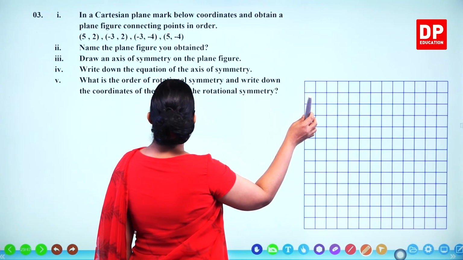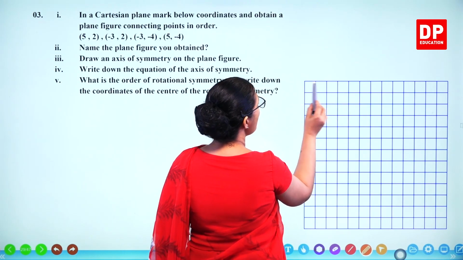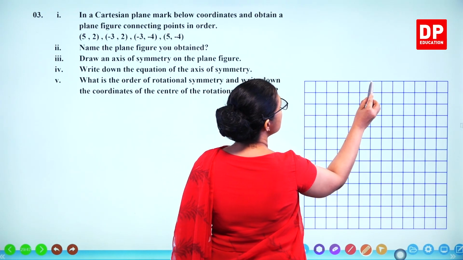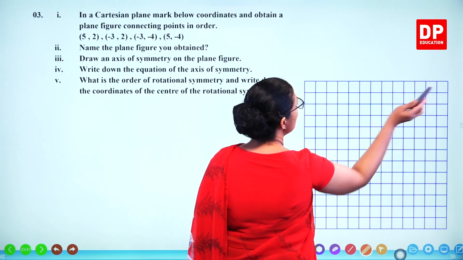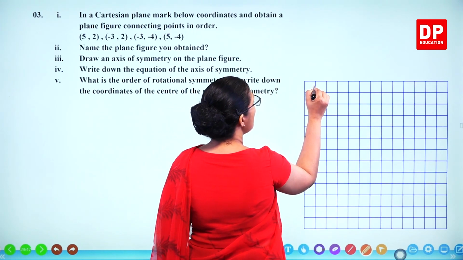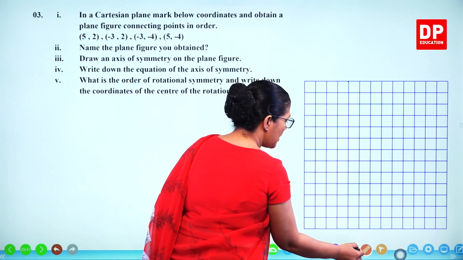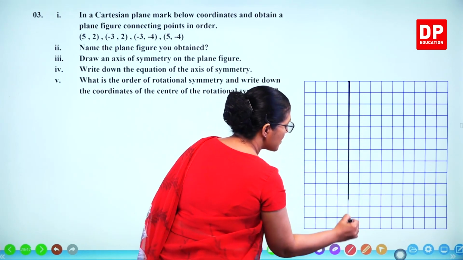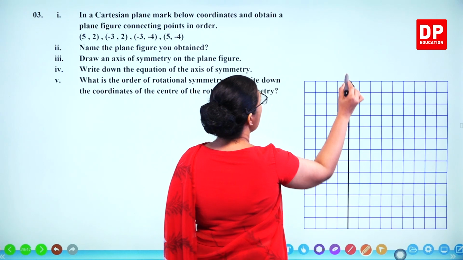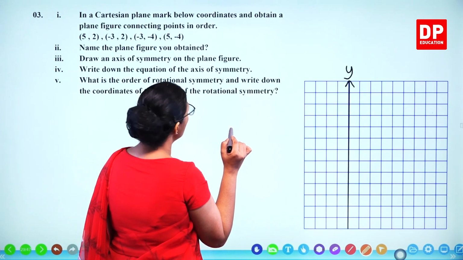So I'll start here -3. -3 will take 2 squares, 1 unit, -3, -2, -1, 0, 1, 2, 3. You can't take 5. So that means 1 square. -3, -2, -1, 0. So this is the y-axis. And y maximum is +2.